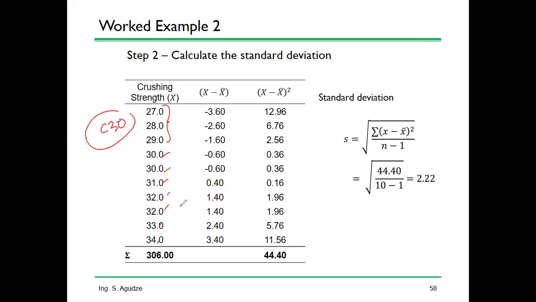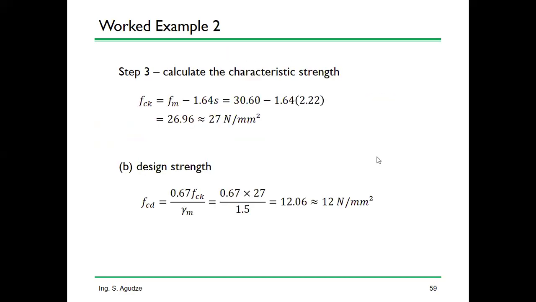Meanwhile, in terms of characteristic strength, this result does not meet C30. So it means this answer that we got to be 27, if our concrete strength required for the work is C30, it means this result has failed. We have to do a new ratio and go and test again, right?